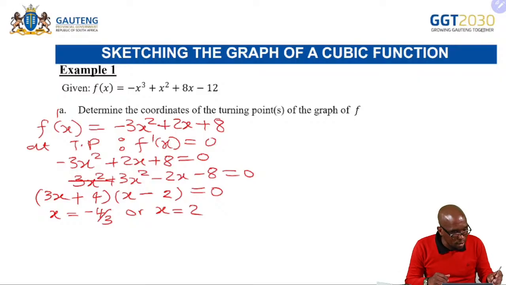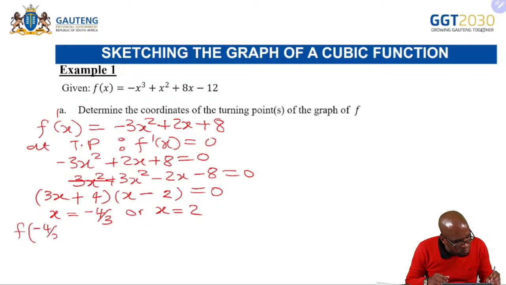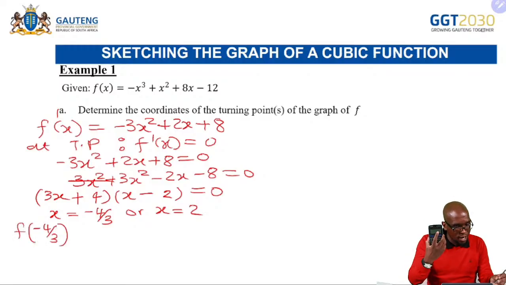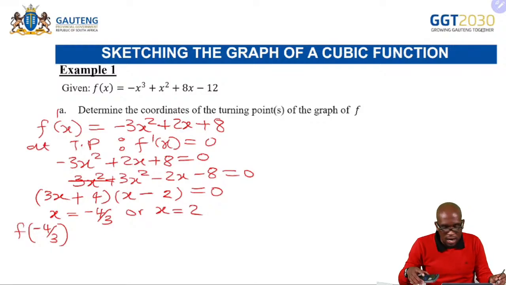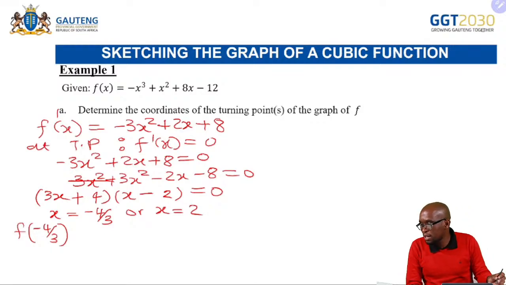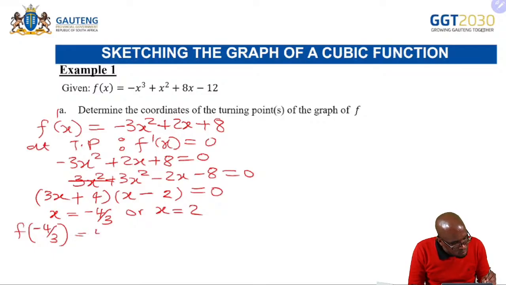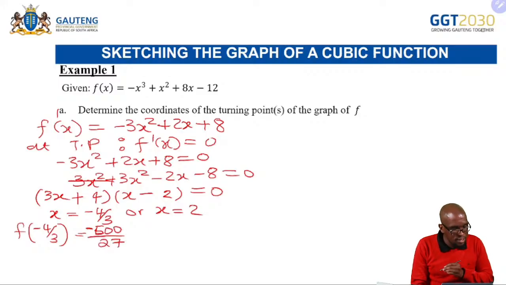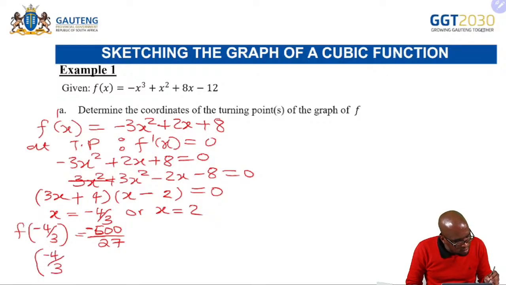Now, if you go back to the original function and substitute f(-4/3), then you make use of your calculator. Where you see x, you put -4/3. If you work that out, it will simplify to -500/27, which means that the coordinate here would be (-4/3; -500/27).